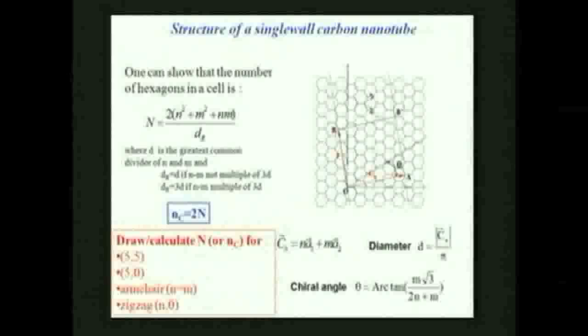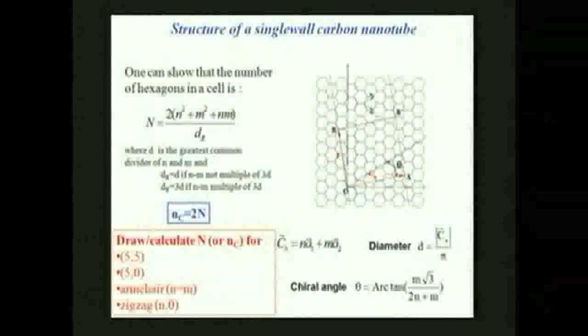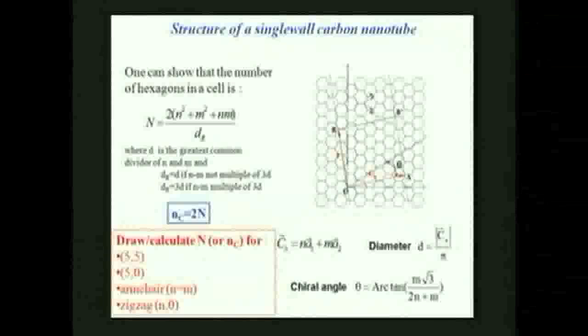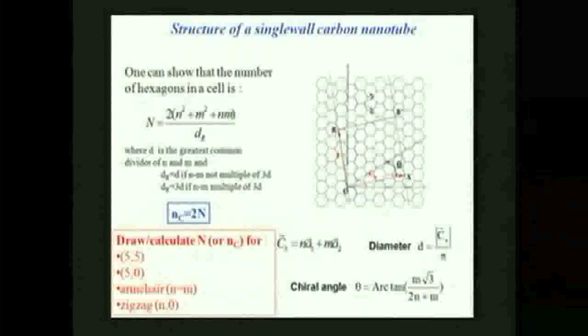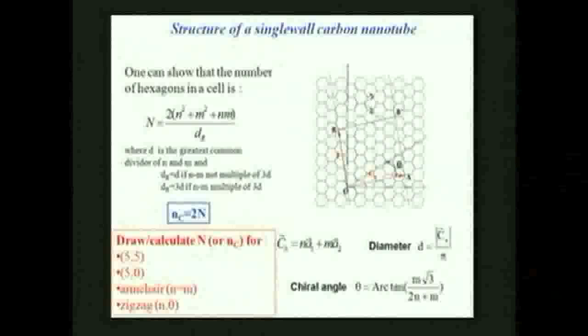And when you have theta equal 30 degrees, you can see that you are on the symmetric line between a1 and a2, so that for armchair nanotubes, you always have n equal to m. So this will be the first example we will work on. And another special class of nanotubes is called zigzag. For zigzag nanotubes, the angle theta equals 0.